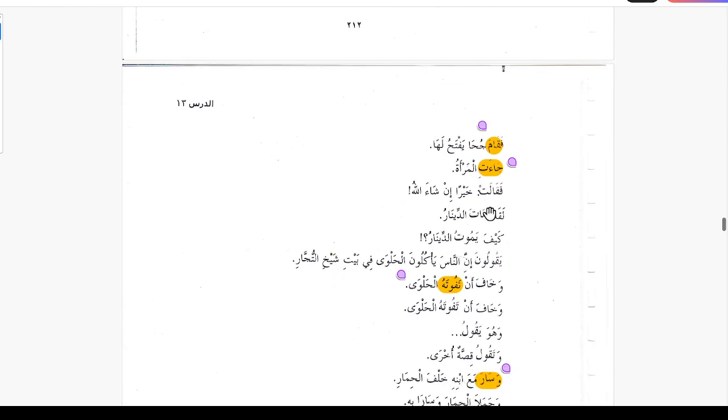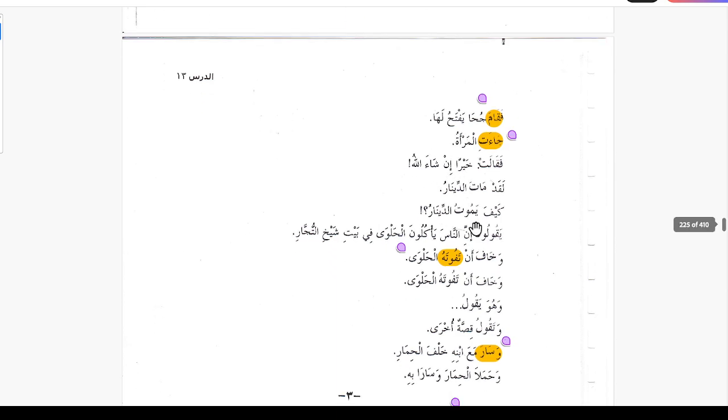Fakalat, and then she said khairan, inshallah, it is going to be good, inshallah. Lakad matat dinaru, the dinar died. So mata yamutu.